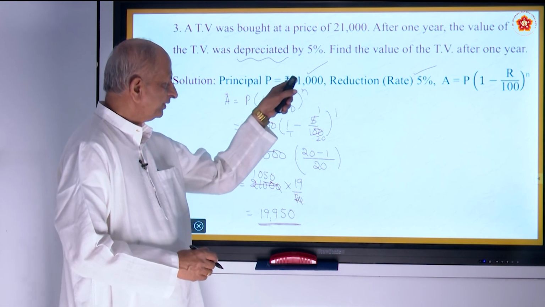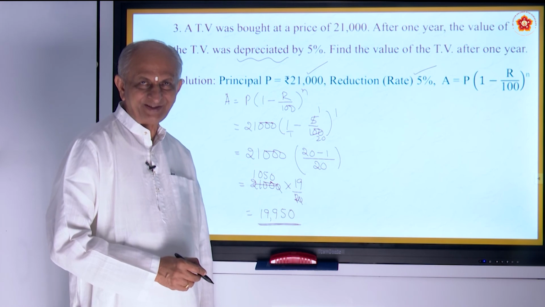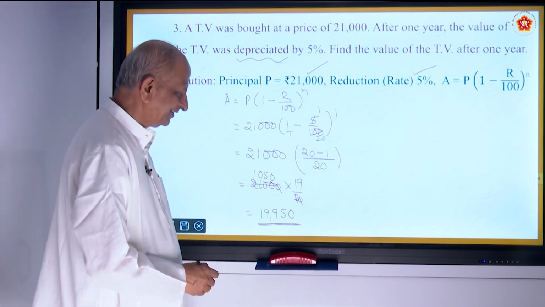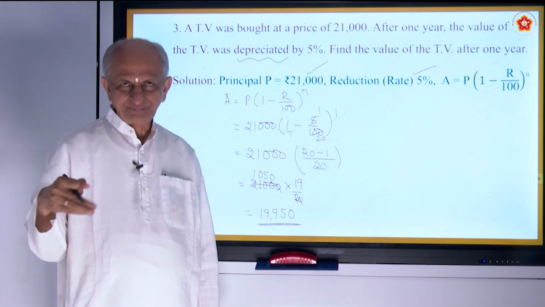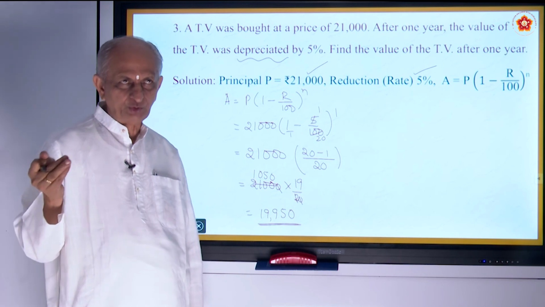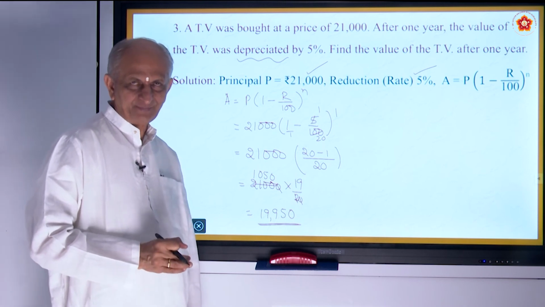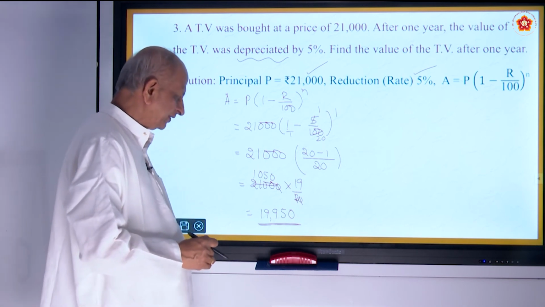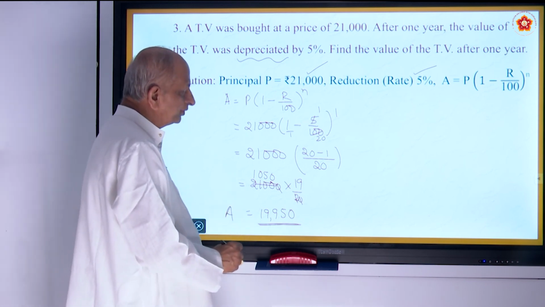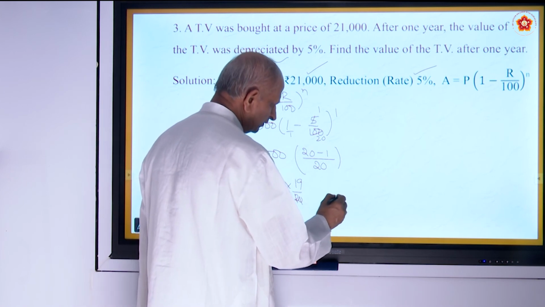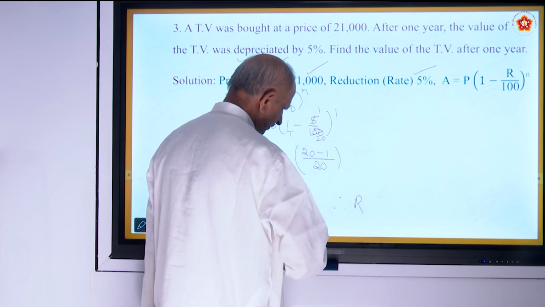Actually it was 21,000. After 1 year the value, that is called depreciated value, is it not? Nowadays every article, every goods, after some years they lose the value because of some reasons, wear and tear or the demand for that, all such things will work out. So therefore the answer is the rate of TV, or you can say value.